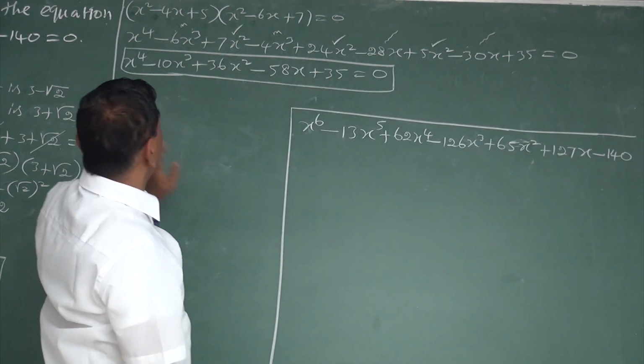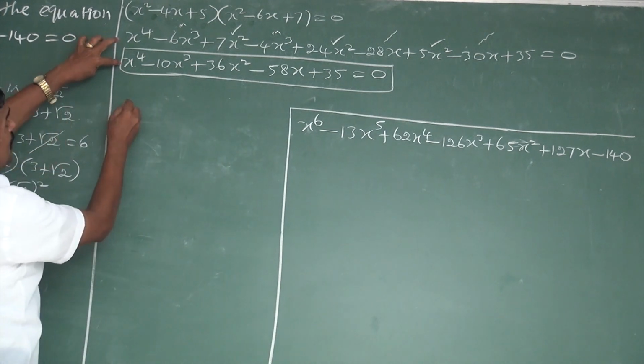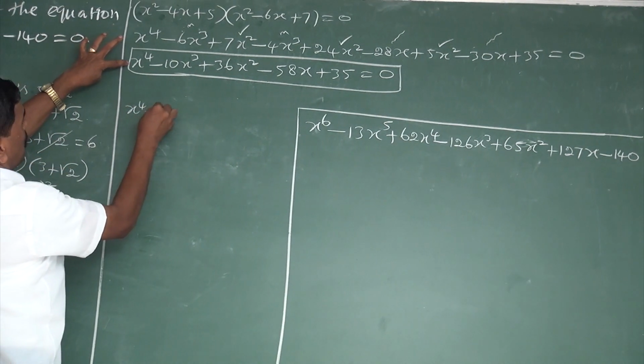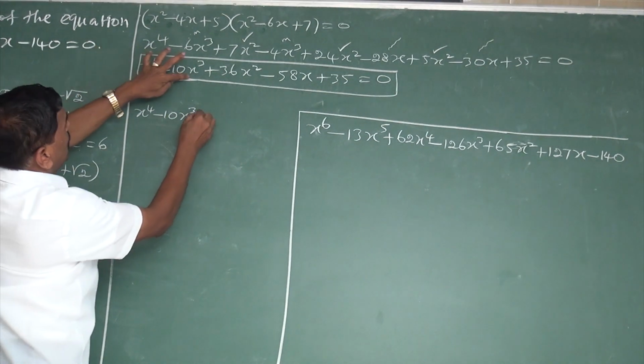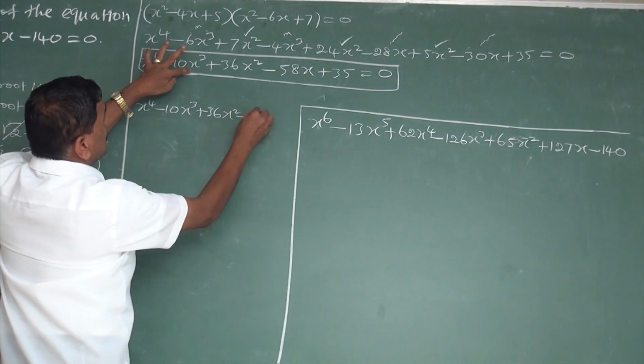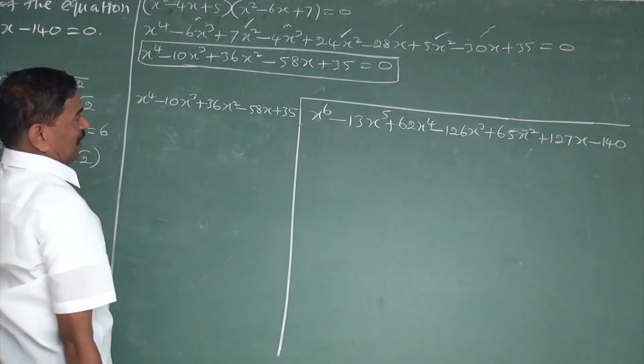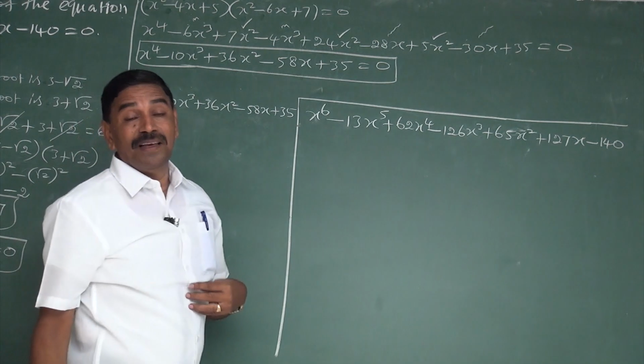Next, write this fourth degree equation outside. So, here I want to write x power 4 minus 10x cube plus 36x square minus 58x plus 35. Okay, it is the long division method as in the plus one syllabus.